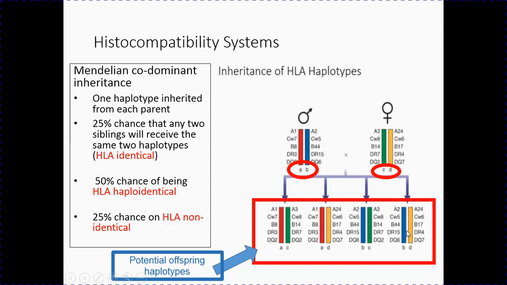And this is a B and a D. This has no match to me, so this is non-identical. So 2 out of 4 will have one haplotype the same as me. So I have a 50% chance of being haploidentical, and then obviously a 25% chance of being non-identical. This, as I said, is going to be important when we're looking at potential donors from siblings.